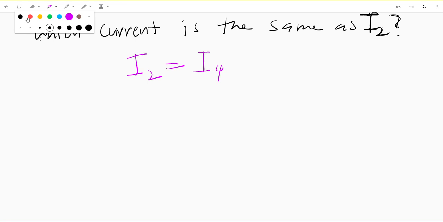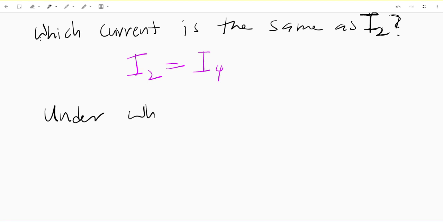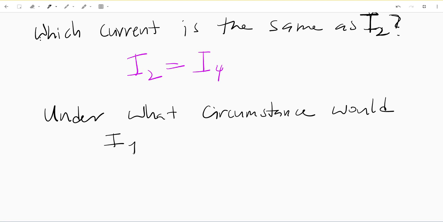Next question will be, under what circumstance would I1 equal I2?